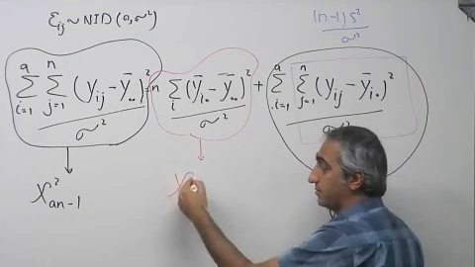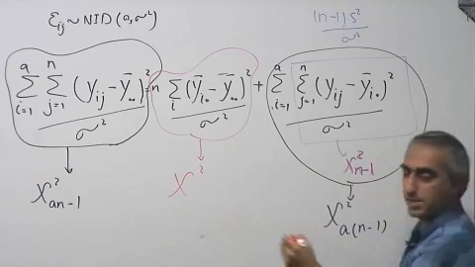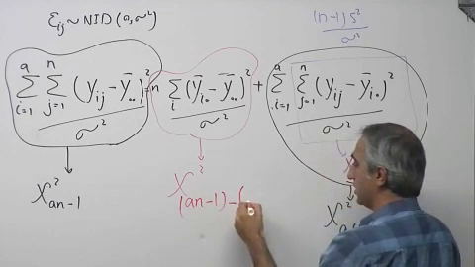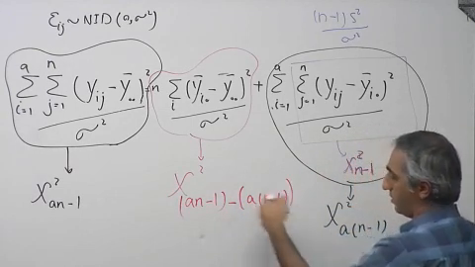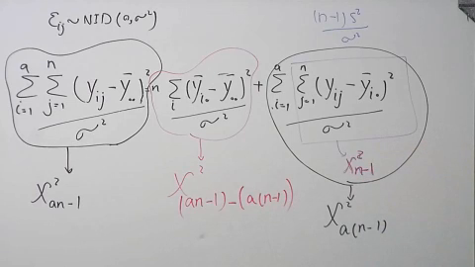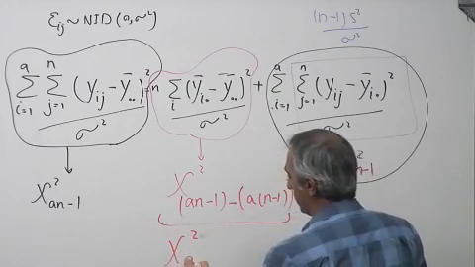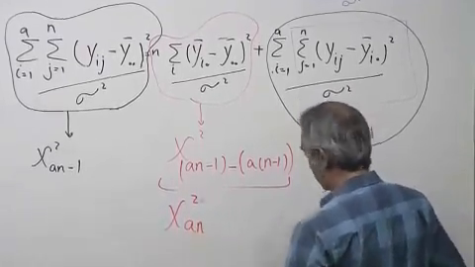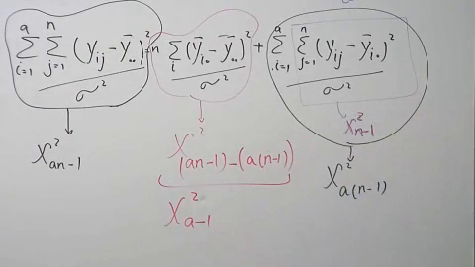It's chi-squared with the difference of degrees of freedom, exactly. A n minus 1 minus a times n minus 1, which is chi-square with a minus 1 degrees of freedom, if you do the math.